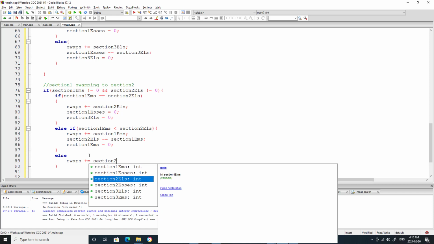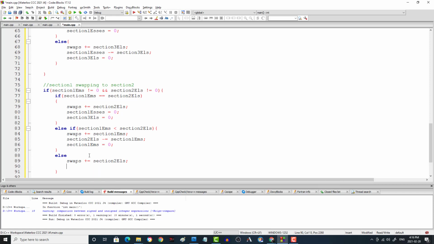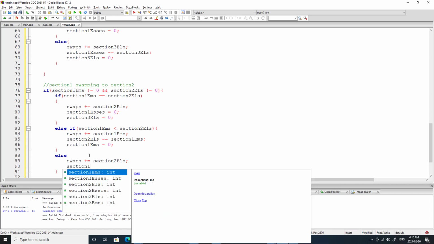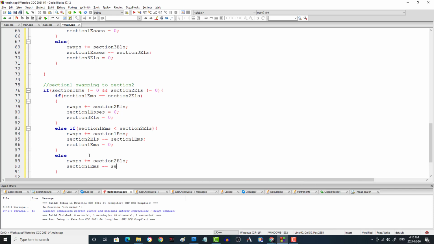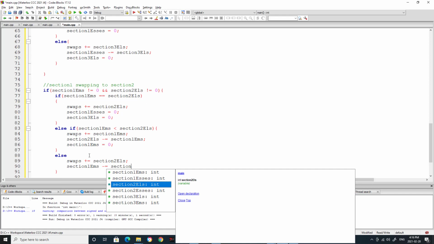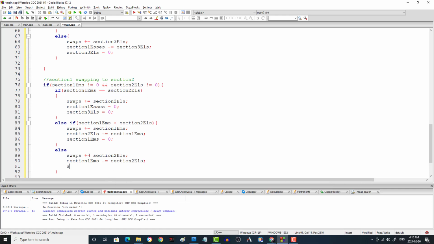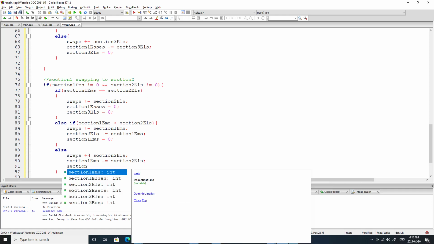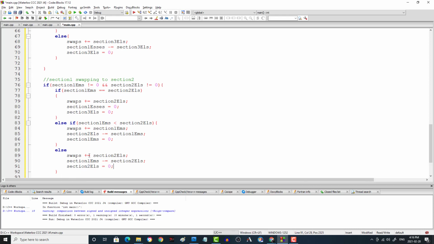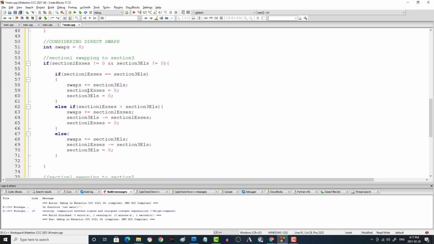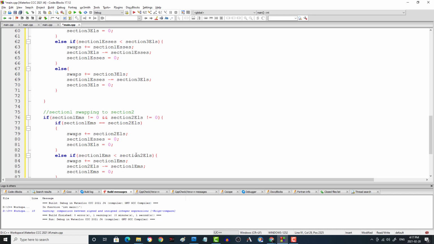So section 2 L's is the smaller amount. Then section 1 M's minus equals section 2 L's, and our section 2 L's would be equal to 0 because we would have swapped them all away. All right, so that's swapping between section 1 and section 3, then section 1 and section 2.